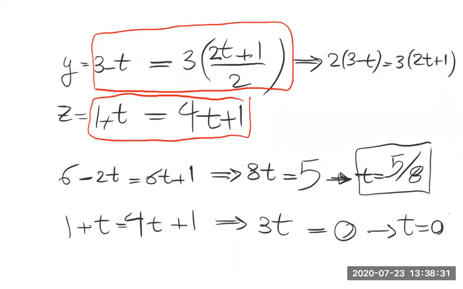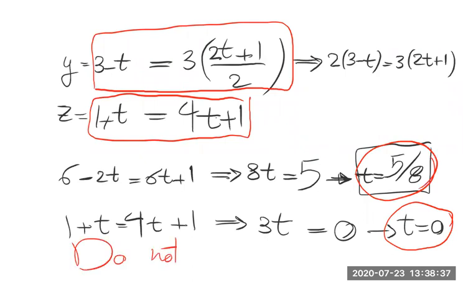These two do not agree. Therefore, there is no answer to these equations. Therefore, there is no intersection point. If they agree, it means there is an intersection point on these lines. So there is no intersection point.